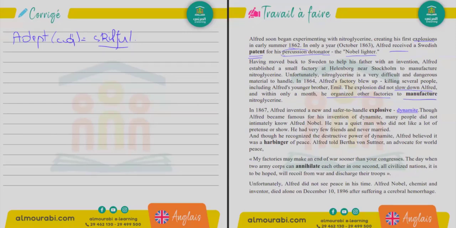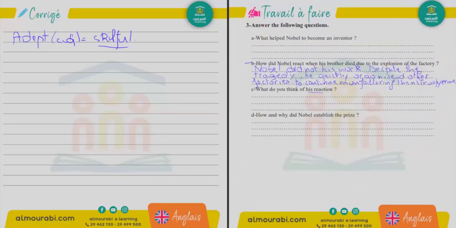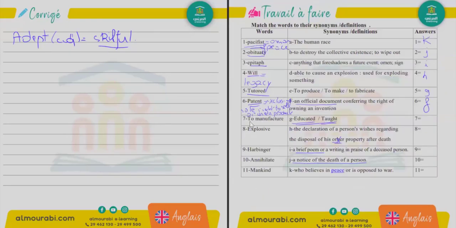Just to manufacture here. If it is in bold letters, we need to go to our table here. What is to manufacture? That's evident. Is it D?